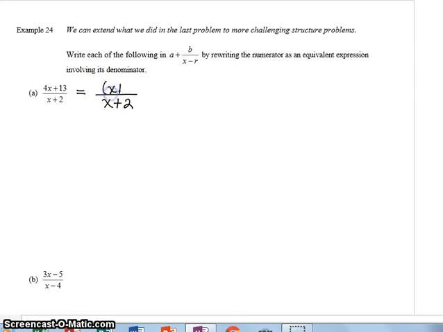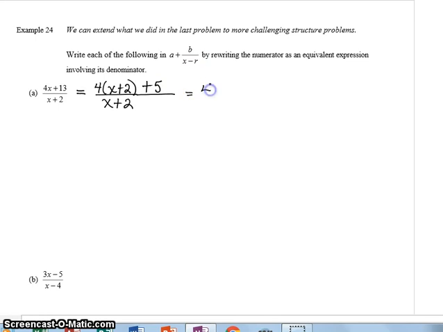So now I automatically put an x plus 2 up top, because I want that match. But don't forget, you have a 4 out there, so it's like I factored out a 4. Now, if you were to distribute this, it's really 4x plus 8. I need 4x plus 13. That means I'm missing 5.